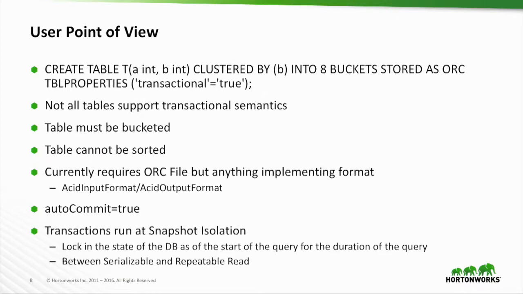By the way, bucketing in Hive just means hash partitioning of the table. It's important for later read performance so that we can find the updates that you've performed in the system. At the moment, the table cannot be sorted according to user-defined criteria. Both of these are temporary restrictions, but they are there right now.